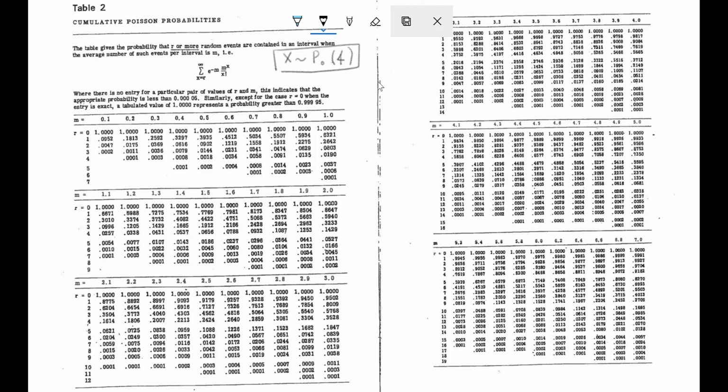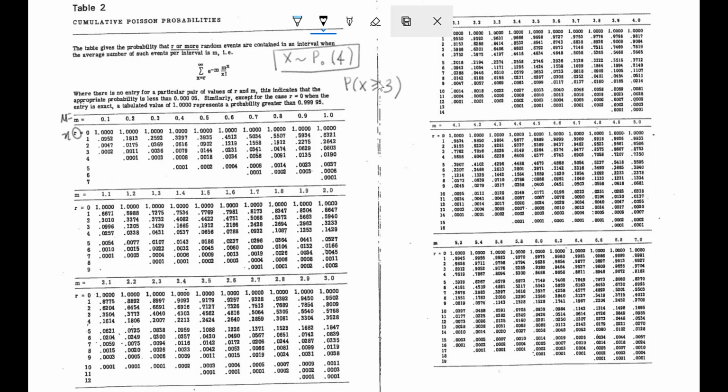Now we want to get the probability when x is greater than or equal to 3. When we have greater than or equal to, that means we can get the answer from the table. Here m is equal to the average or mean, so it is equal to mu, and r is equal to x.